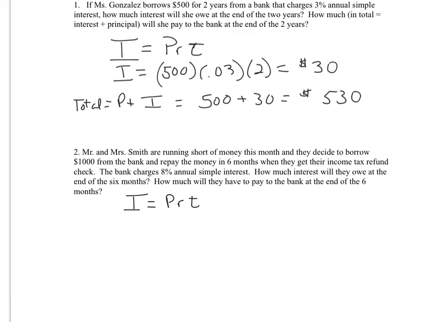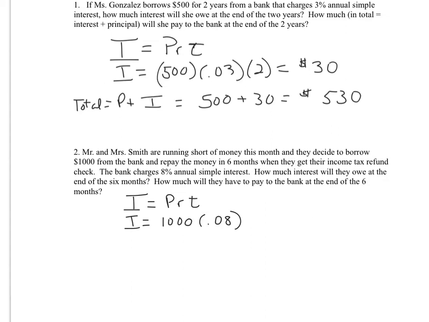I equals PRT. They're going to borrow $1,000, but this time, look at the interest rate. It's 8% annual simple interest. That's 0.08. And I think you're going to see, I know you're going to see, as the interest rate goes up, it's going to make a much bigger impact on the amount that you're going to pay.